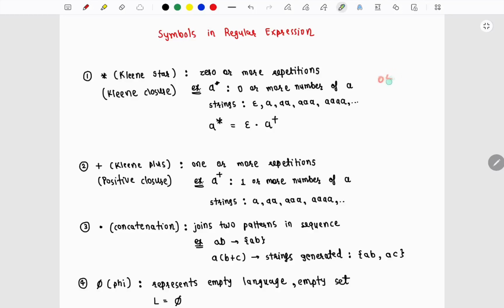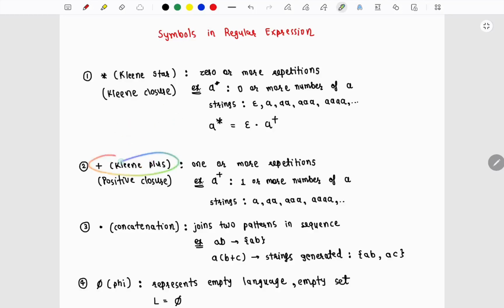Zero or more number of B. For example, zero means we can write epsilon, then A, double A, triple A, 4 times A, etc. We can also write Kleene star as epsilon union A plus. This is called positive closure. Plus is known as positive closure and star is known as Kleene closure.